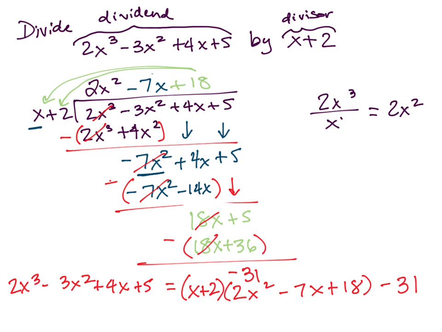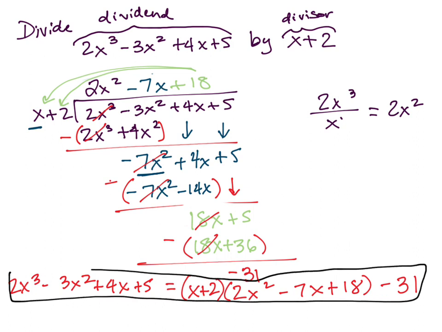So by the time all of this is said and done, we've got our x plus 2 times our quotient, 2x squared minus 7x plus 18. And at the very end, if I had distributed this x plus 2 through that trinomial, I have a remainder of 31 that I would need to take off, and then it would work.